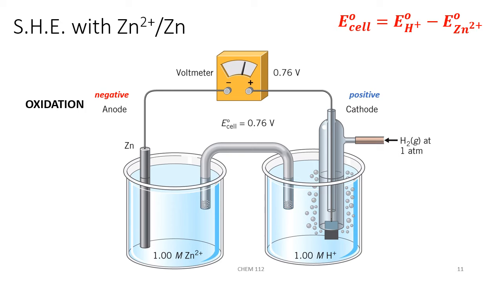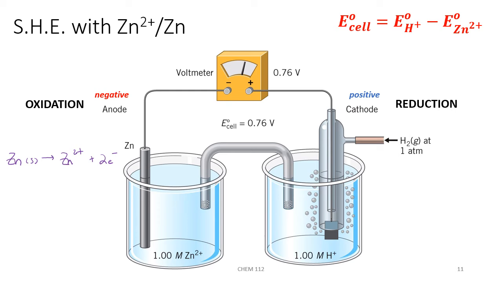So our reaction for the oxidation of zinc would be zinc solid losing 2 electrons to become zinc 2+. That's our oxidation half reaction. And that means that our hydrogen electrode is going to have to be the reduction one. And we would actually see this taking place if we did this experimentally.